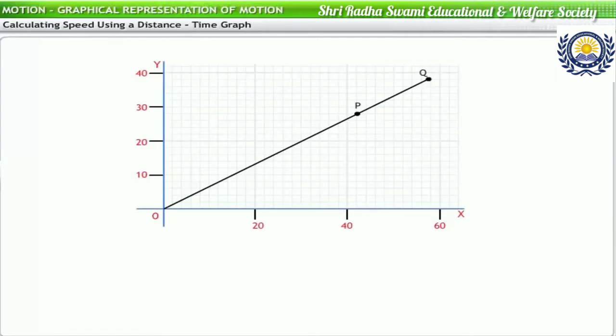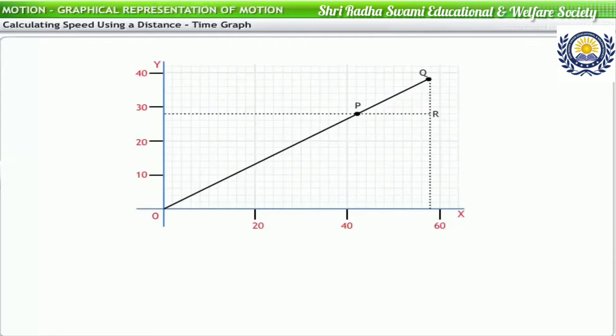To determine the speed of an object, consider a segment PQ of the distance time graph of an object in uniform motion. Draw a line parallel to the y-axis from point Q and another line parallel to the x-axis from point P. These parallel lines intersect each other at point R to form a triangle PQR.